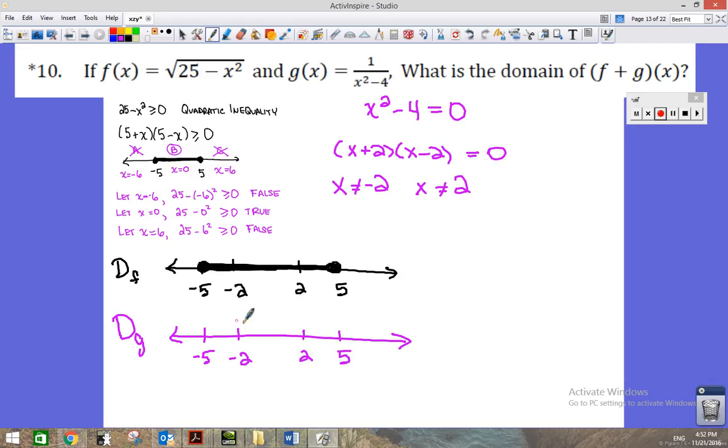So if we exclude -2 and +2, none of these other values were solutions to that. None of these other values cause division by 0. So my domain of G is all real numbers excluding -2 and +2.